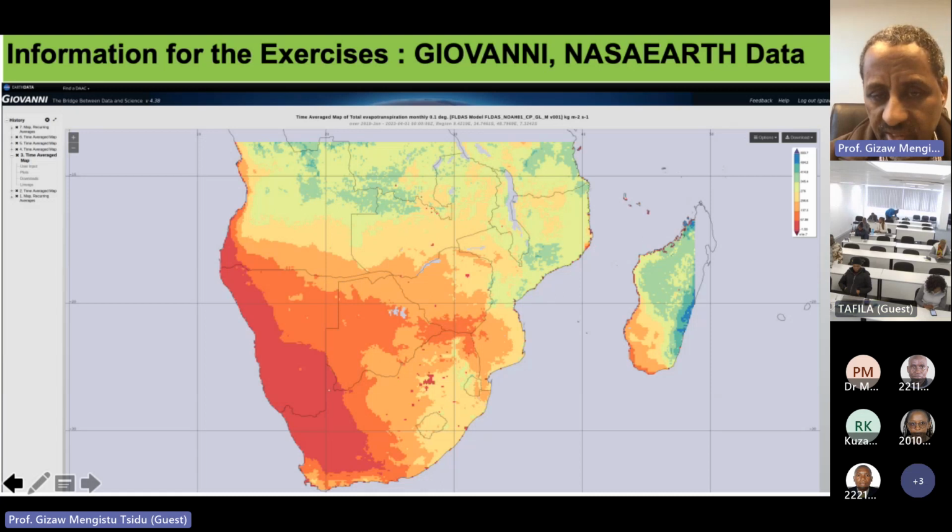Here you have observations, you have models, and you have models and observations combined, which is called the reanalysis. So this platform can be used even for research, not just for understanding what's going on, but you can do some kind of research related to your work without really doing analysis using GIS.